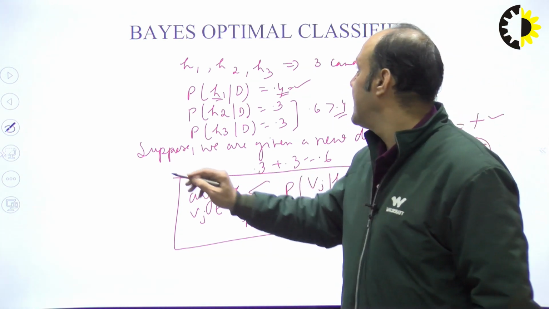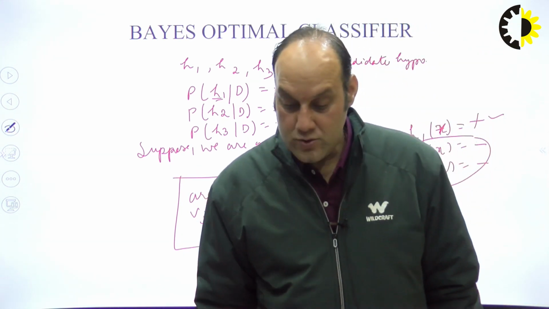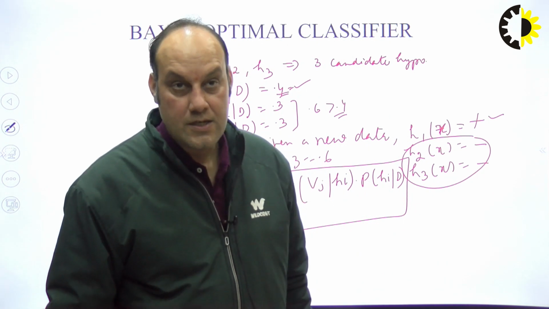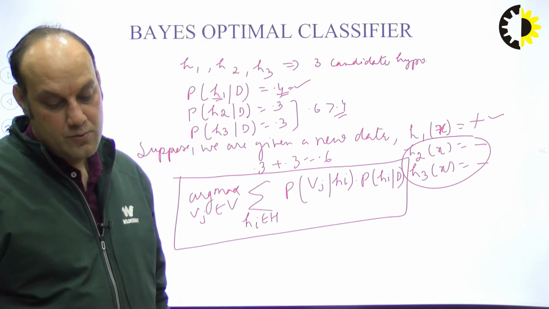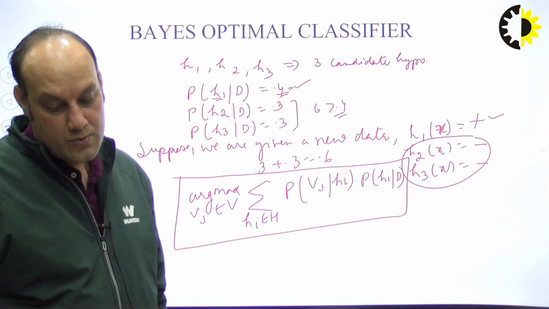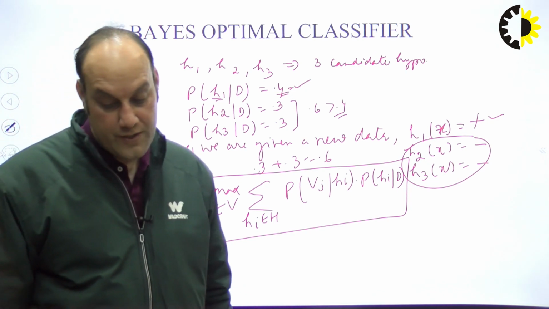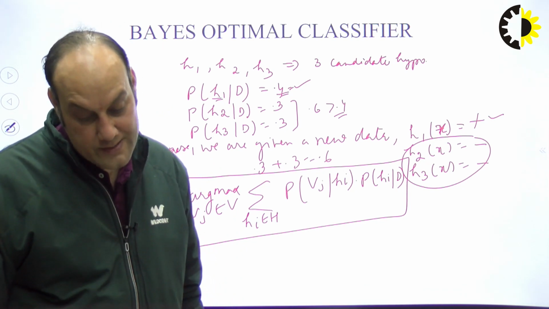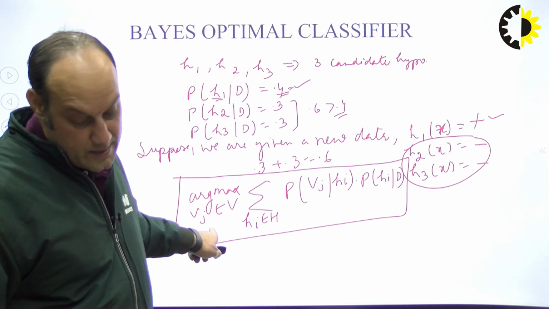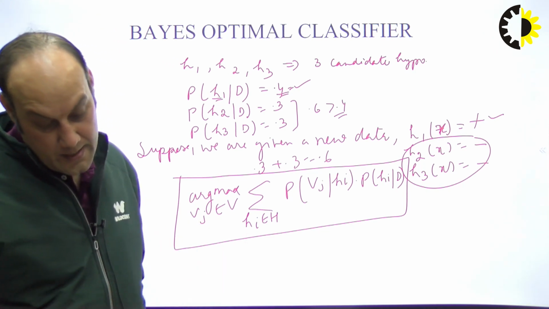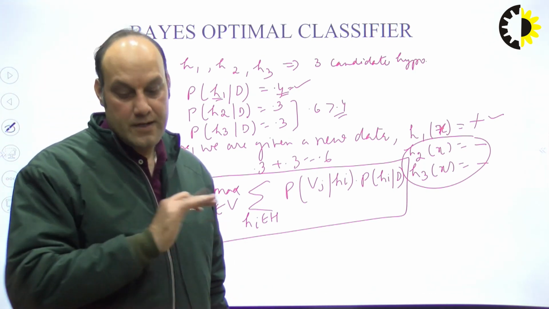So this is the Bayes optimal classifier. The Bayes optimal classifier will output the class for a classification problem for which the summation over the entire hypothesis space of probability of Vj given Hi times probability of Hi given data is maximum.